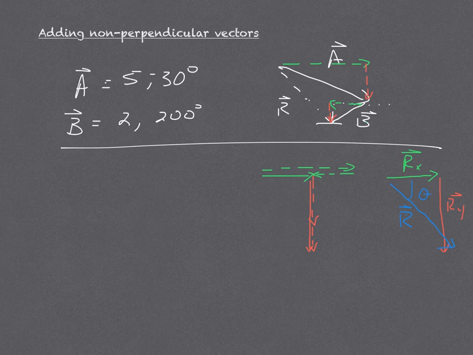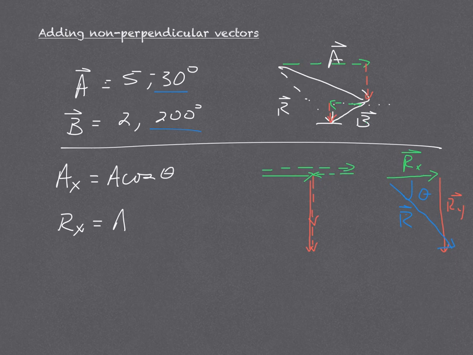X components, as long as we're given the angle with respect to 0, which we were, we just have to use our x equation, which is ax is equal to a cosine theta. Alright? So if we want to figure out the resultant x value, we have to add up the x components.